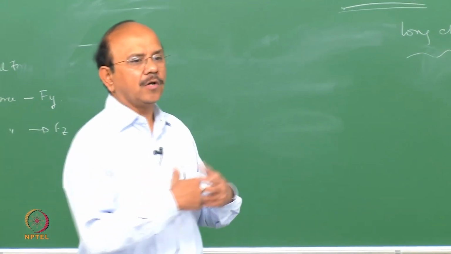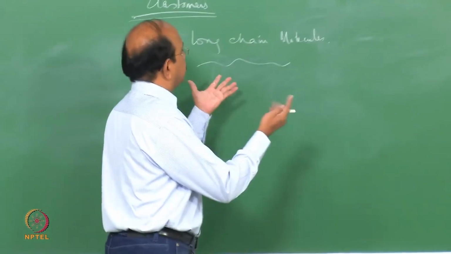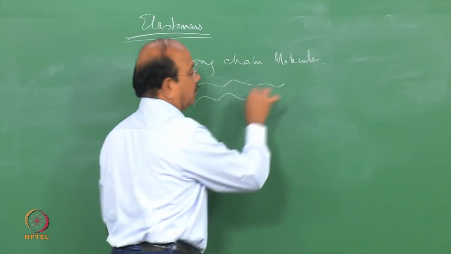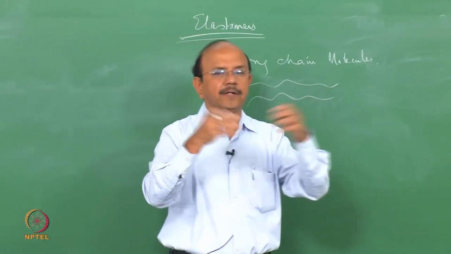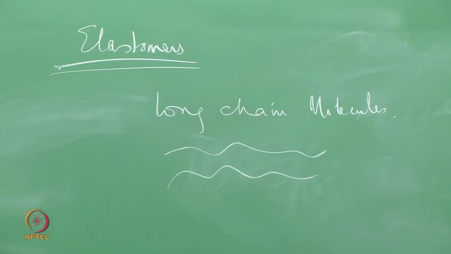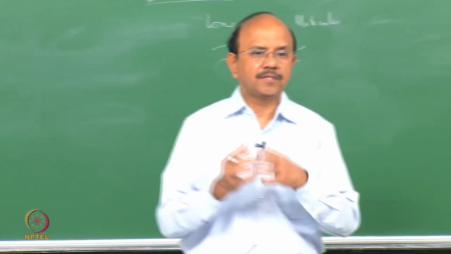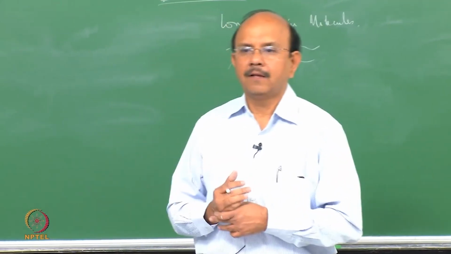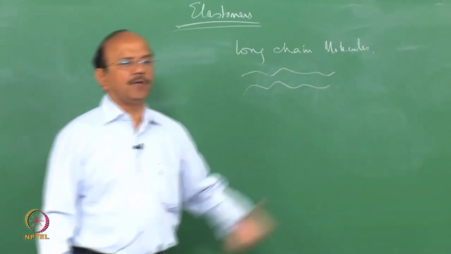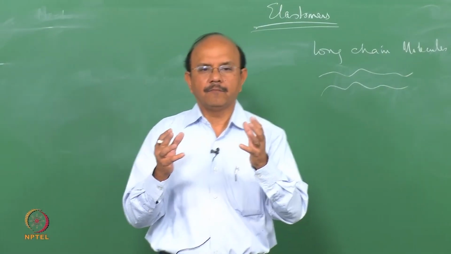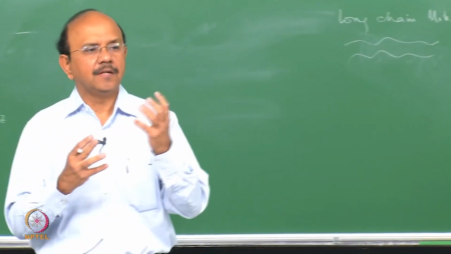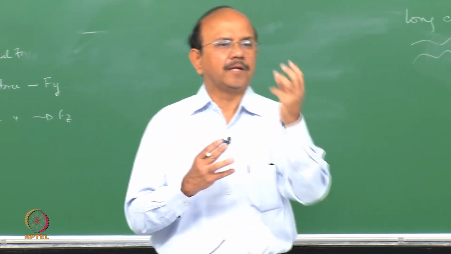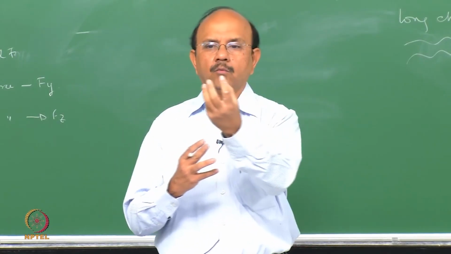In other words, it's not that there's one long chain molecule like this, another long chain molecule like that, independent long chain molecules that exist. No. These long chain molecules are bonded by sulfur bonds, and that's what we call vulcanization. Now, if you leave this long chain molecule, just leave it, what happens? It becomes something like a bundle of twine or wool or something like that.